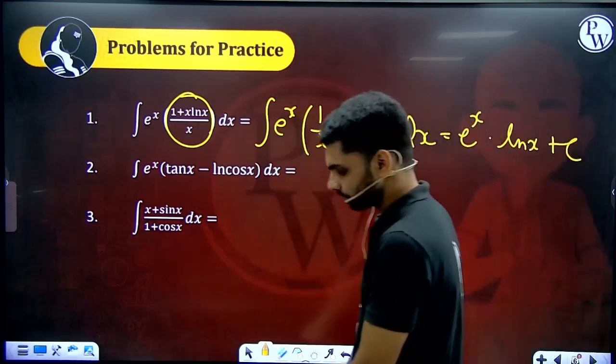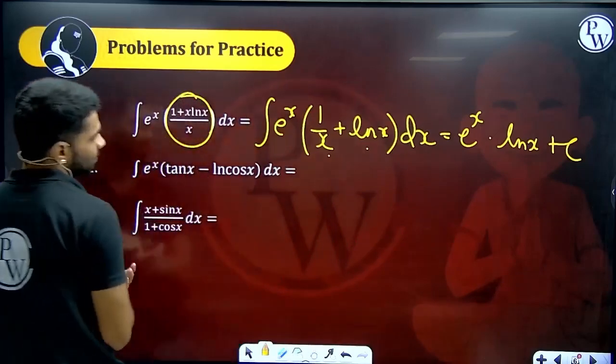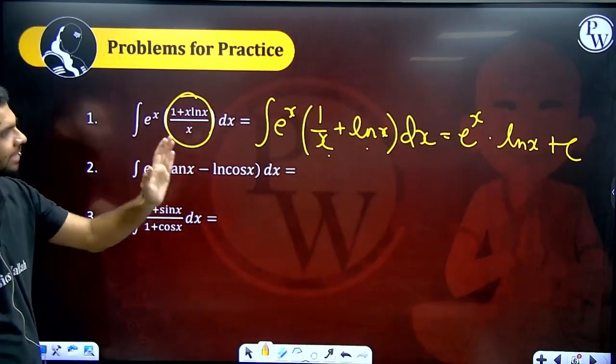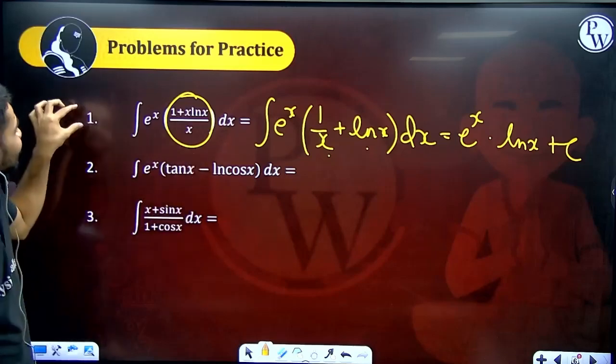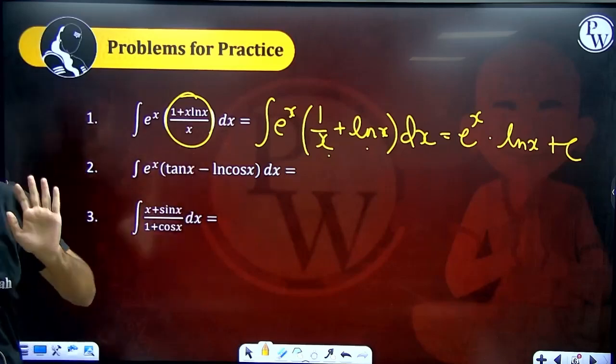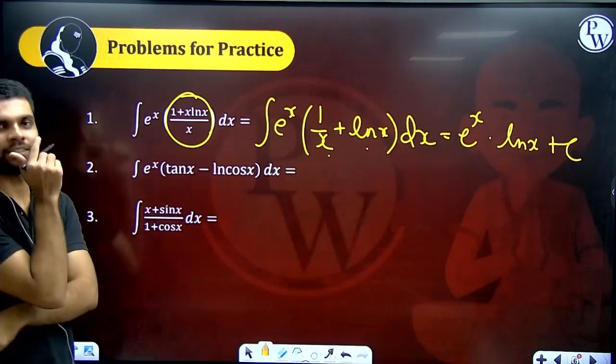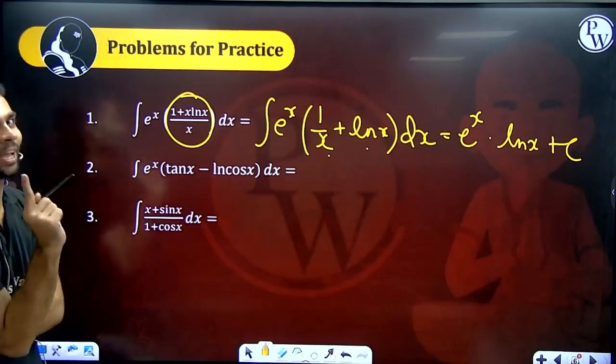Okay, solve the second one. Second one is a bit more trickier. Still, I will treat it as very easy. Second, easy. Slightly more difficult than the other. You need to know the property of logarithm.